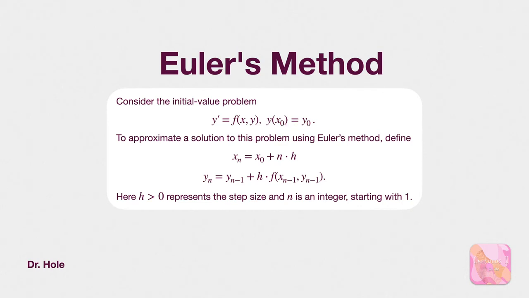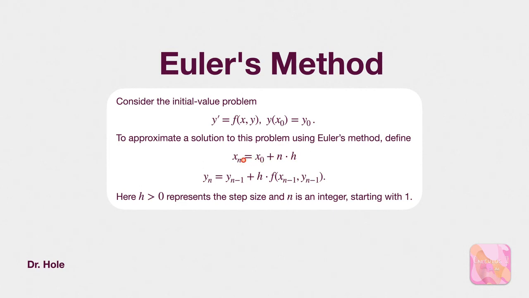To go from this black dot and produce the first red dot, what we want to do is find x1 and y1. But if this is x0 and we use a step size h, then to go from x0 to x1, you add one copy of the step size.